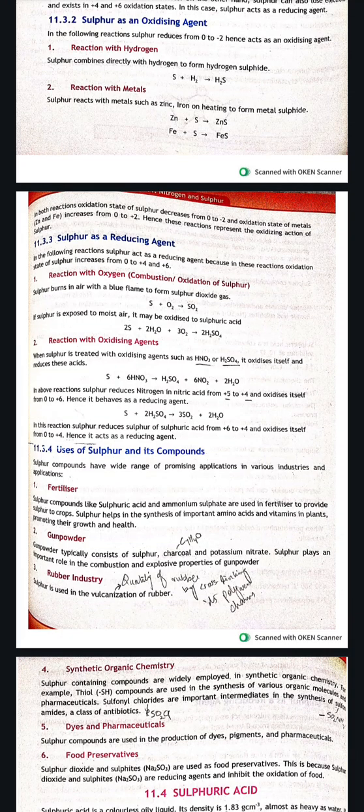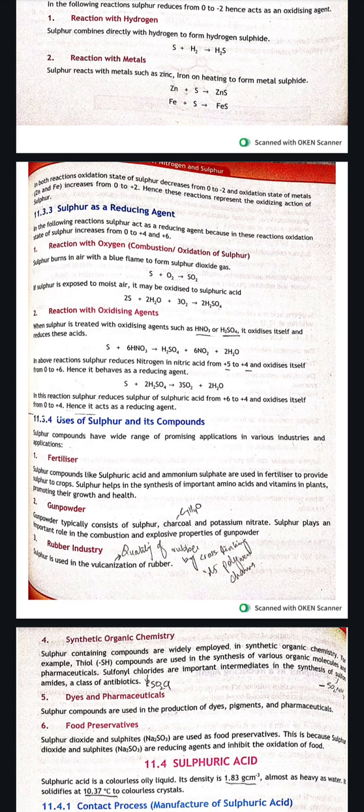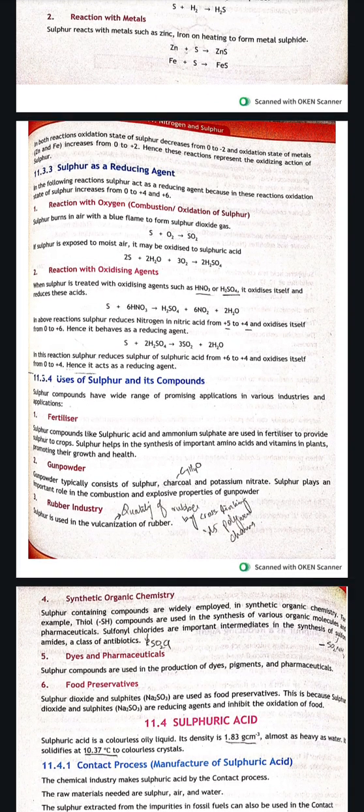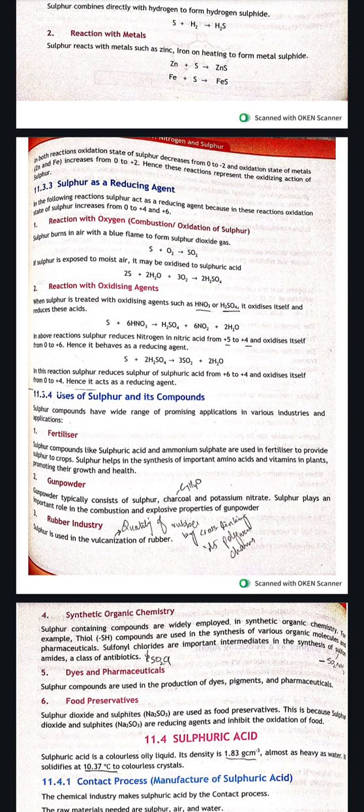Reaction with hydrogen. Sulfur when combines with hydrogen gives H2S, and when the sulfur combines with metals such as zinc and iron, it will give zinc sulfide and iron sulfide. In both reactions, oxidation states of sulfur decreases from 0 to -2.